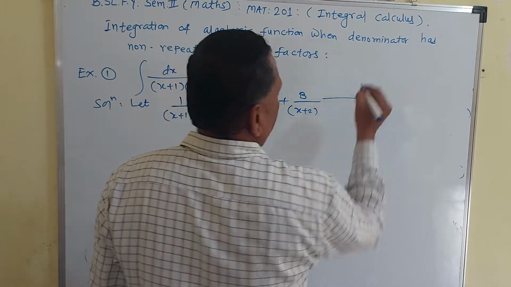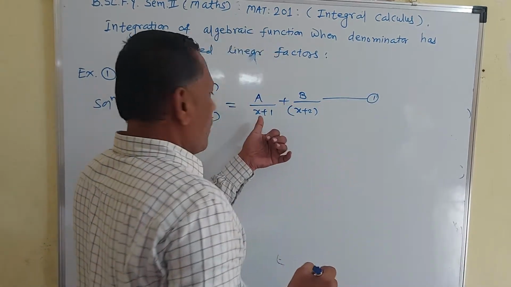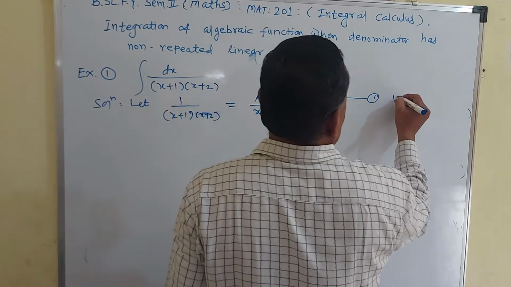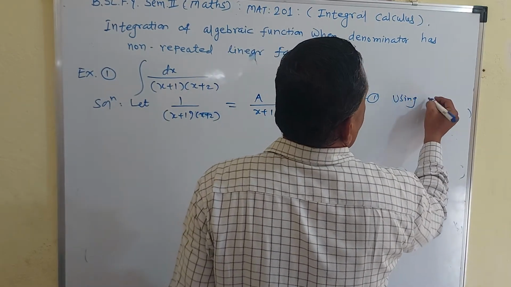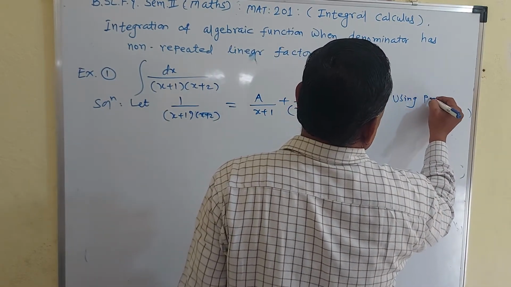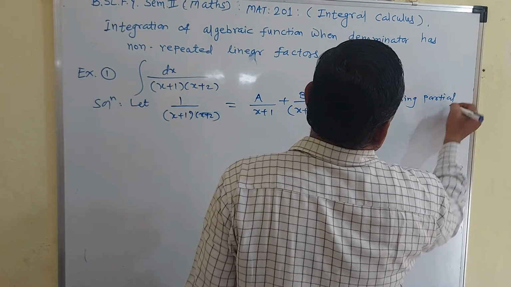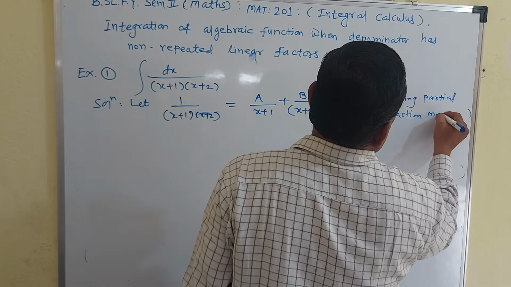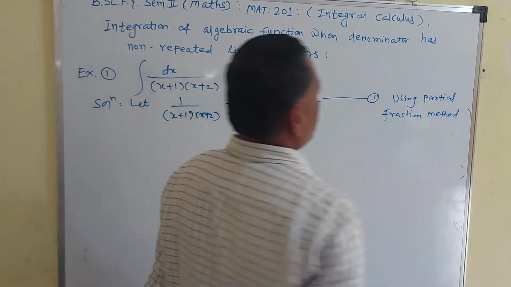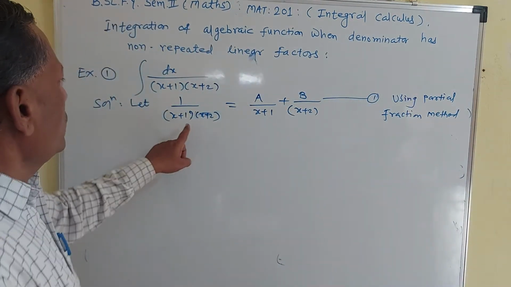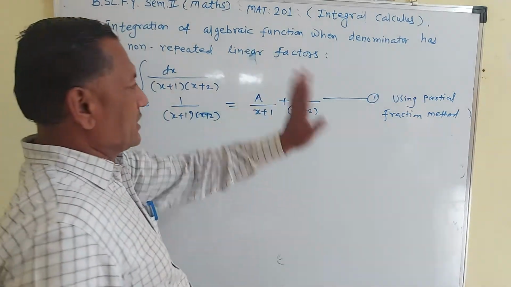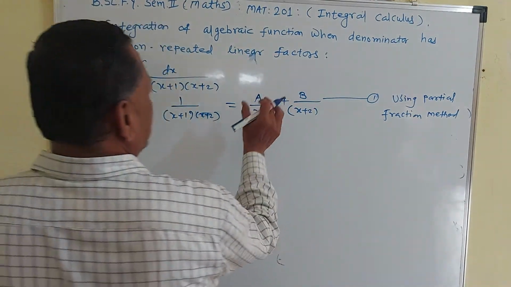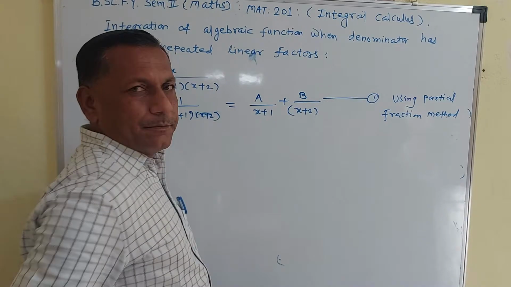Number 1. So using the partial fraction method, this method is known as the partial fraction method. Two factors, two constants. Now we find the values of A and B.